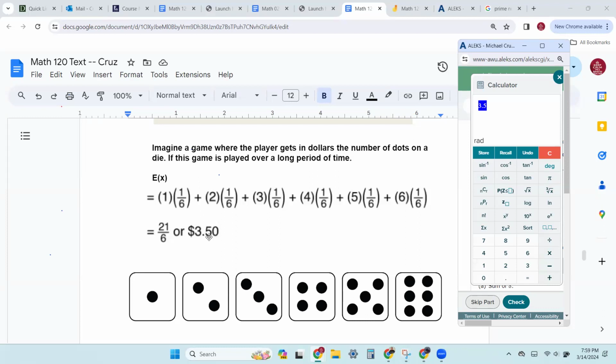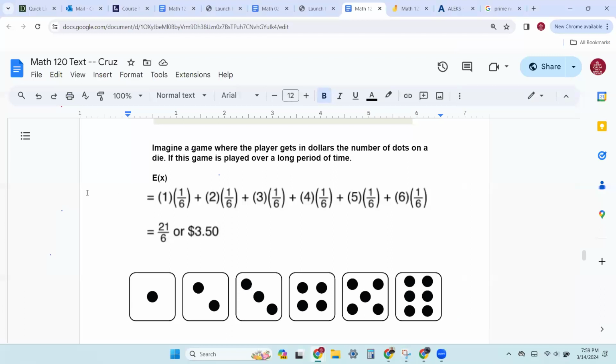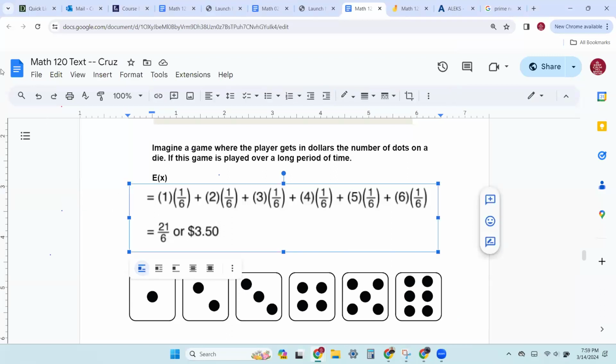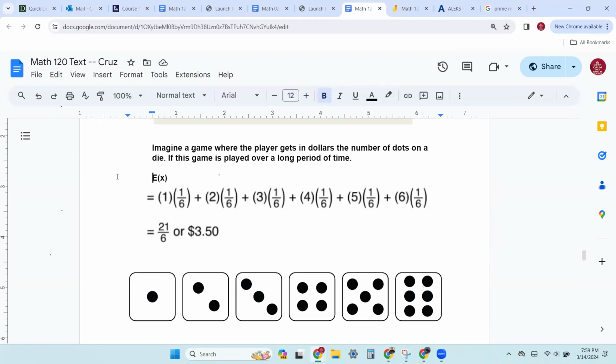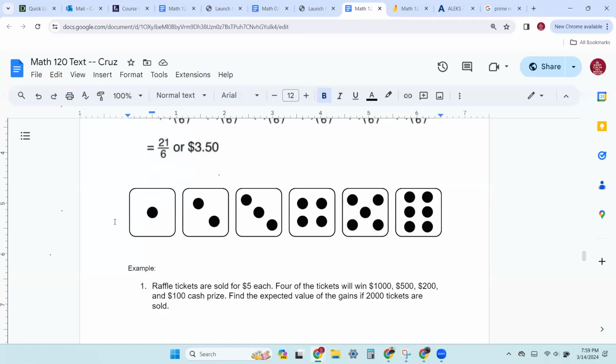And since this value is positive, $3.50, it's a winning proposition. Now, in reality, anybody doing a game of any kind, and this could be used in things like insurance as well, whoever's offering the product or the game or event is going to want to have a profit. So it's not always going to be positive, and usually it's not.